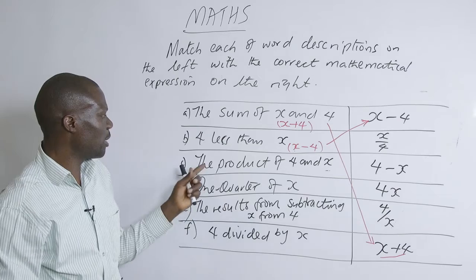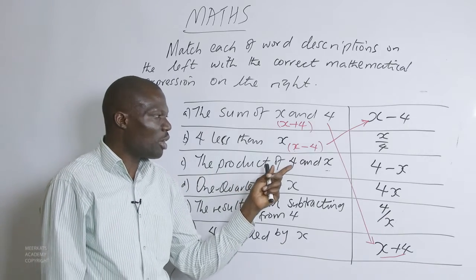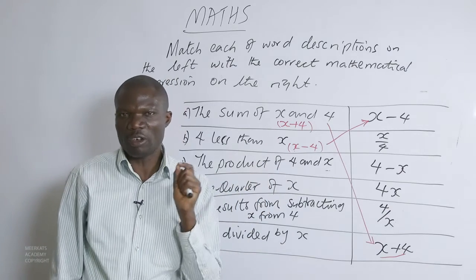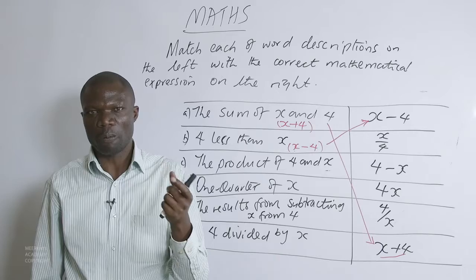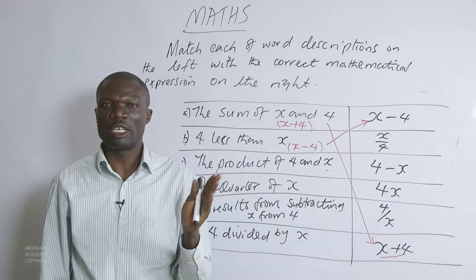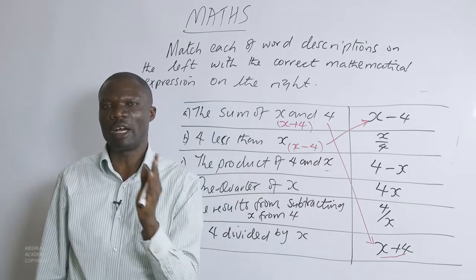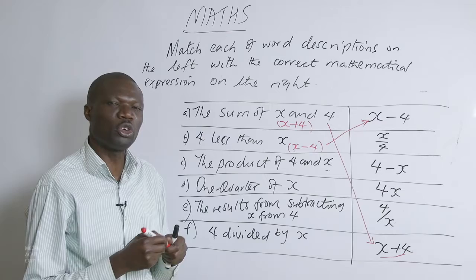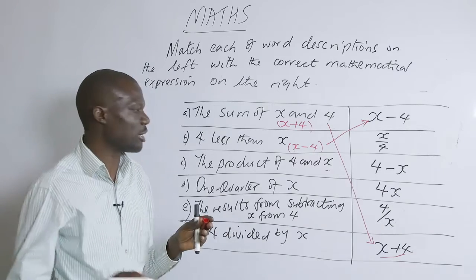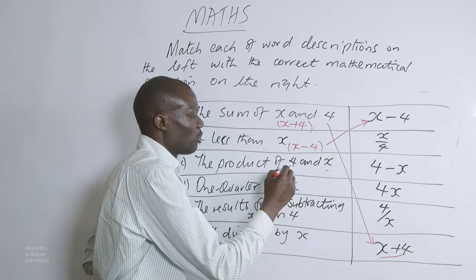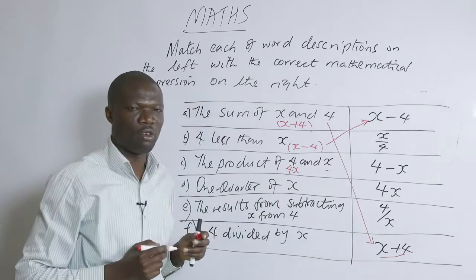The third one is the product of 4 and x. The product of 4 and x, as we saw earlier on, means that it is 4 multiplied by x. And when you say 4 times x, it is the same as 4x. So I look for an expression which is like this, 4x.